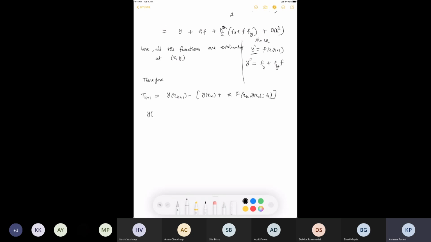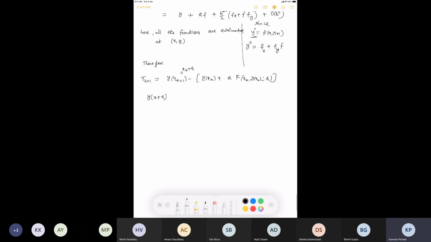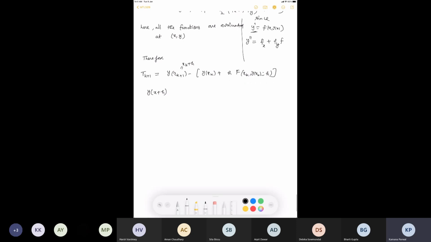So this is like x_k plus h, right? So let me take x plus h. In place of writing x_k every time, I just want to keep everything in terms of x, and then I'll substitute x equal to x_k, just so that I get some extra space to write the steps here. So minus y(x) plus h times f of x, y(x).